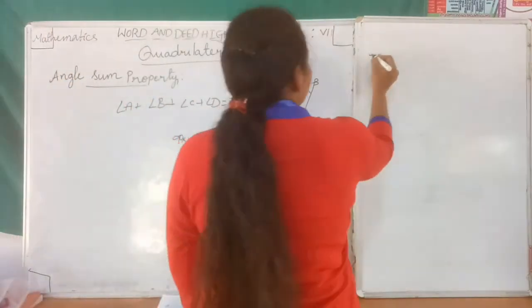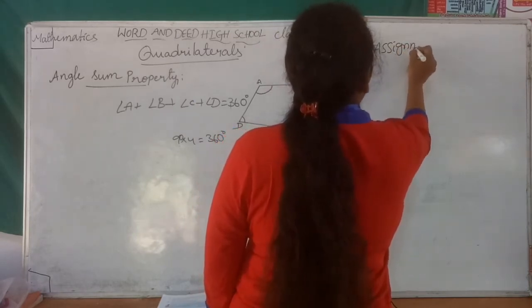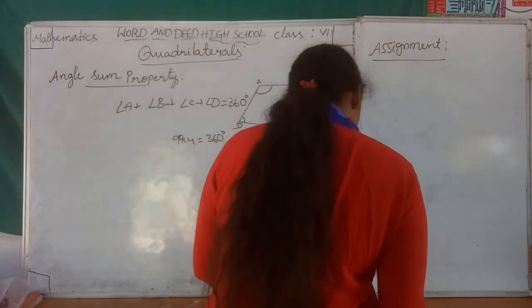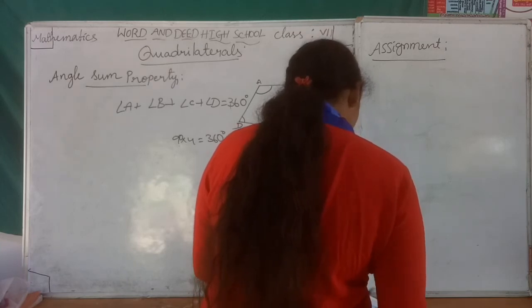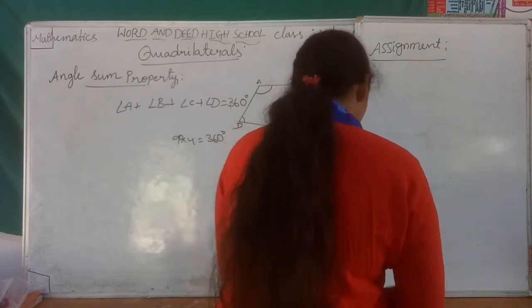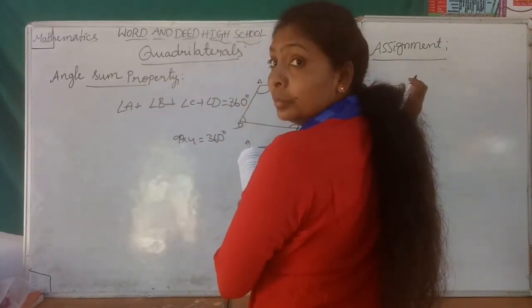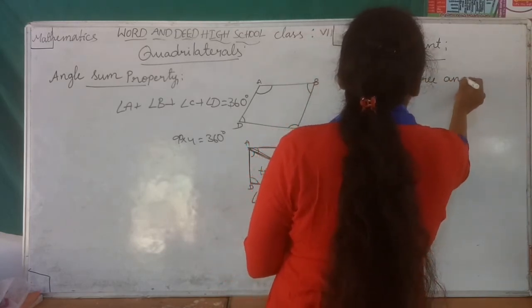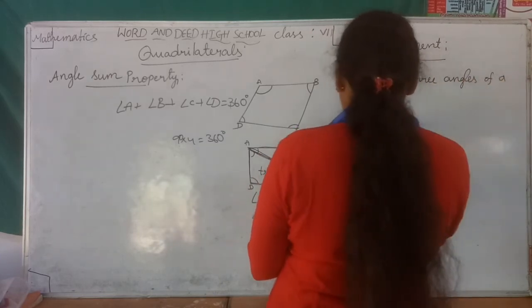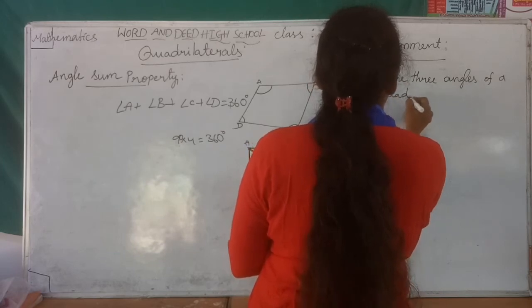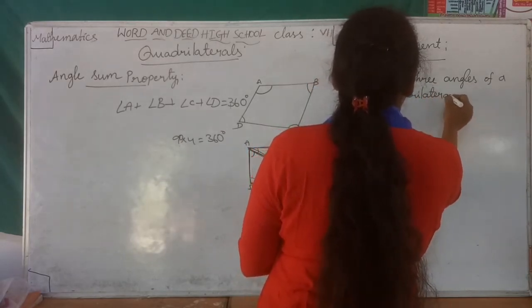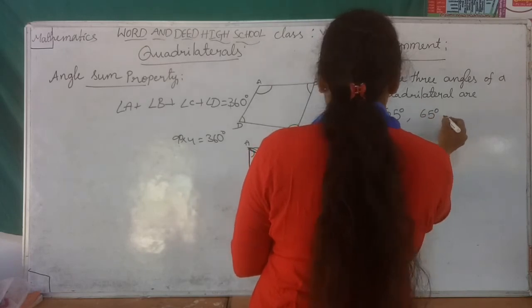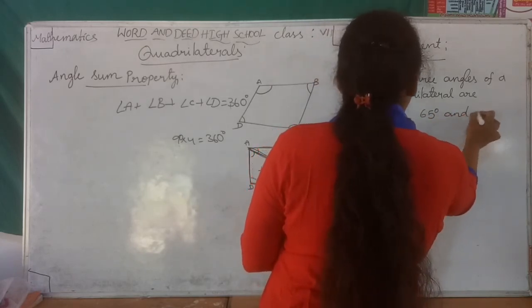Small assignment I will give you, children. The three angles of a quadrilateral are 55 degrees, 65 degrees and 105 degrees.